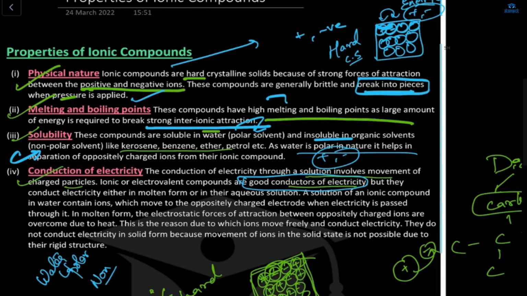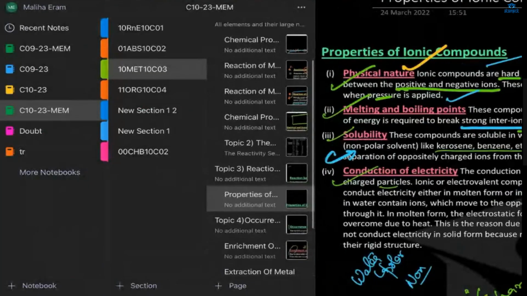Melting and boiling point high होता है in solids, so same for the ionic, it's also high melting and boiling. Solubility means they will have both soluble and insoluble: soluble in water, insoluble in non polar, which is your kerosene, benzene, ether, petrol. Conduction of electricity, so they are very good conductors of electricity, same as your metals.